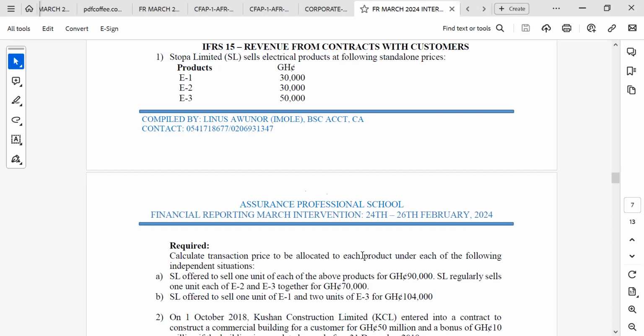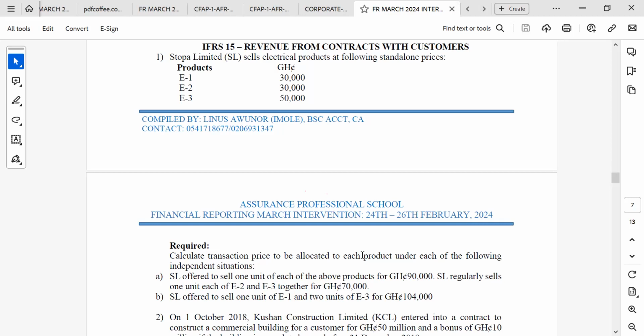They say that SL offers to sell 1 unit of each of the above products for 90,000. It means that I'll pick E1, E2, E3, one of each, and sell the 3 of them for 90,000. Another situation is that SL regularly sells 1 unit of E2 and E3 together for 70,000.